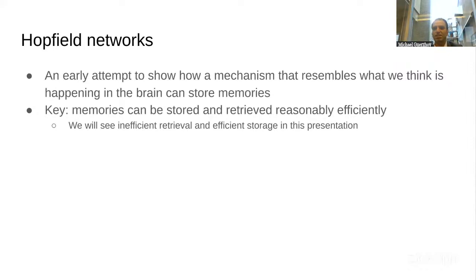The key is he showed that memories, meaning vectors of numbers really, can be stored and retrieved reasonably efficiently. In this class, you've seen how they can be retrieved inefficiently when we did the for loop to try all the possible minima. And in this lab, you're going to show that, in a simplified scenario, you can make them get retrieved reasonably efficiently.